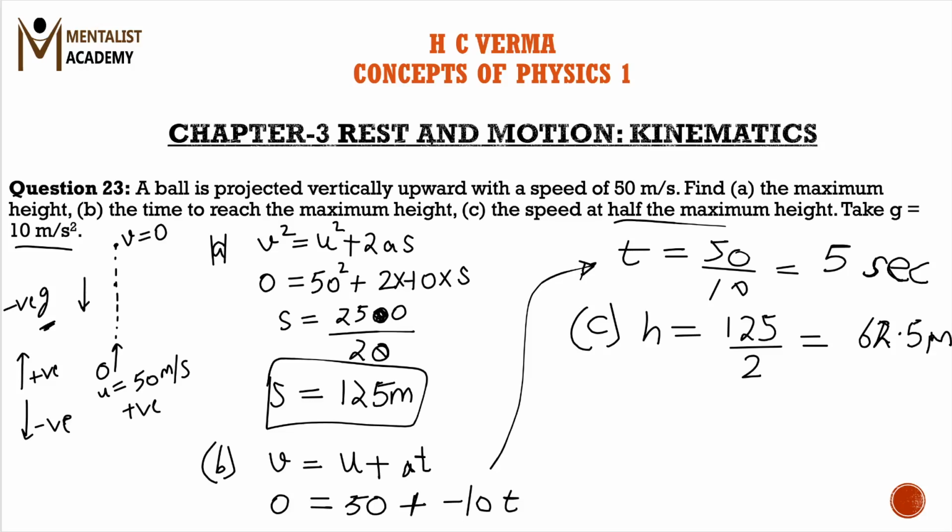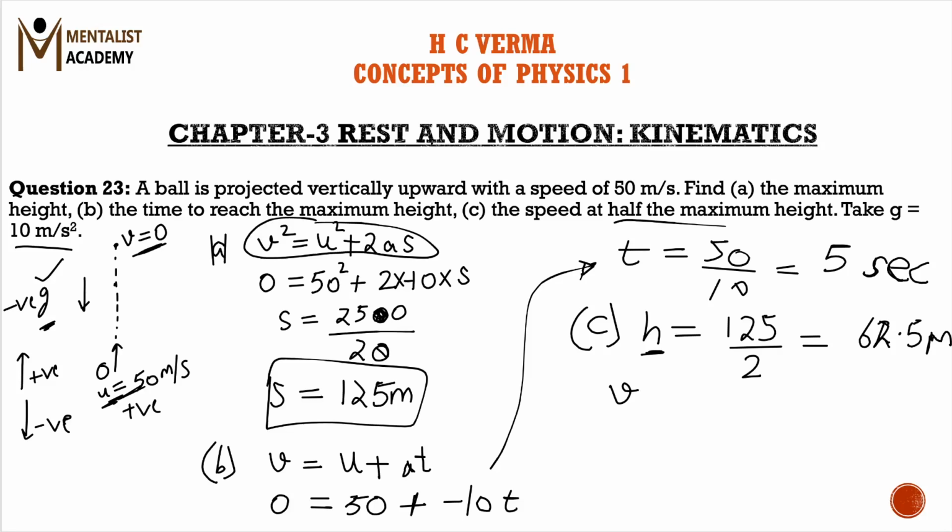Now we have the value of displacement. It is known. We have the initial velocity u as 50 meter per second and we have to find the value of v in this case. Acceleration is also known. So let us apply v square is equal to u square plus 2as equation again.